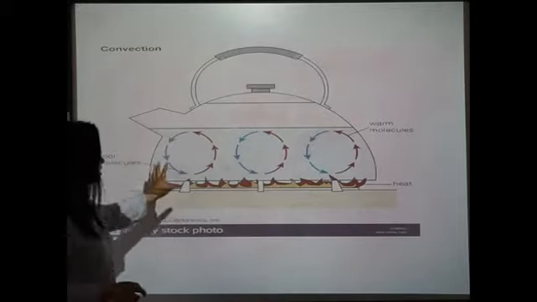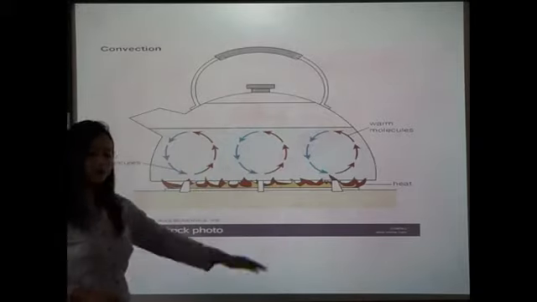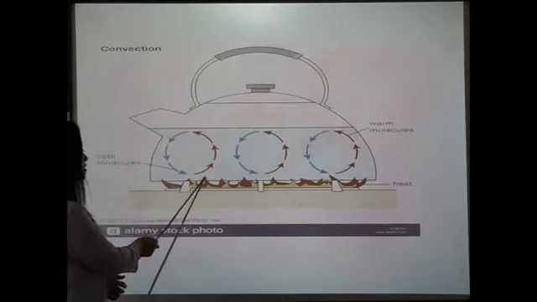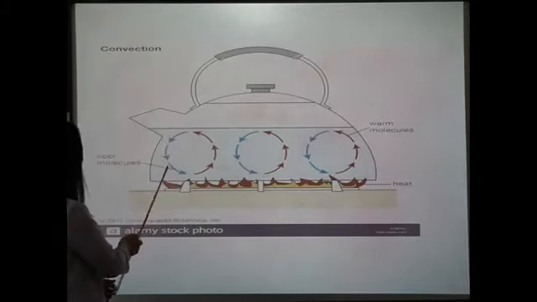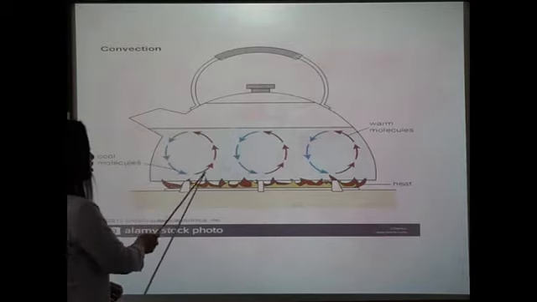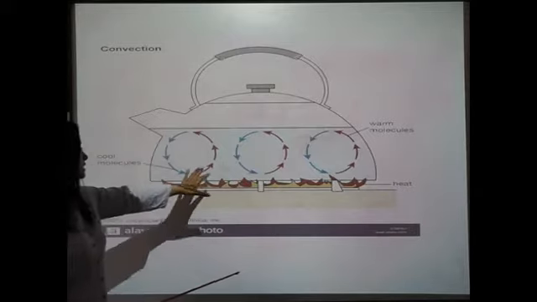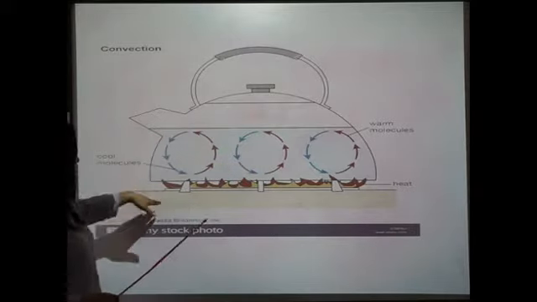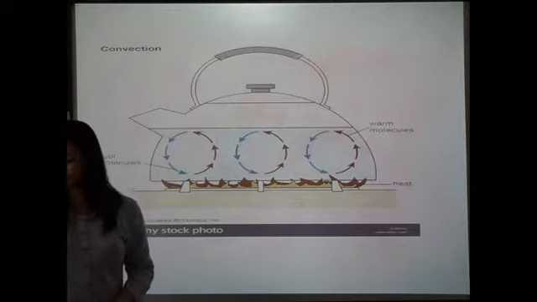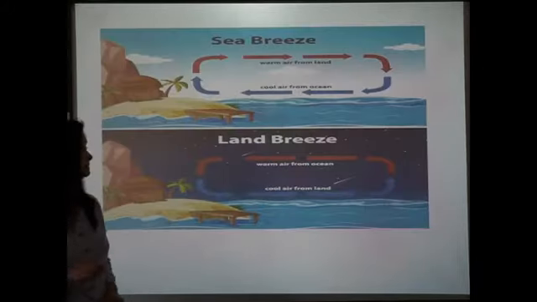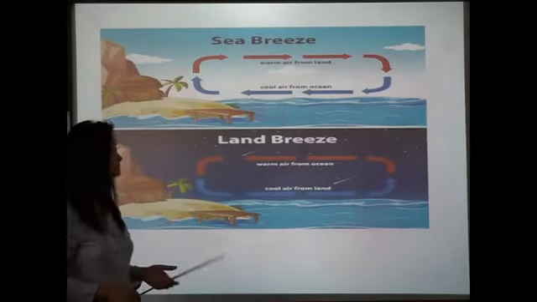The red ones here indicate that the hot particles are rising up, and the cold particles are represented by the blue lines. So the red ones represent warm molecules and the blue ones represent cool molecules. This is how fluids are heated. Even gases are heated in the same way.